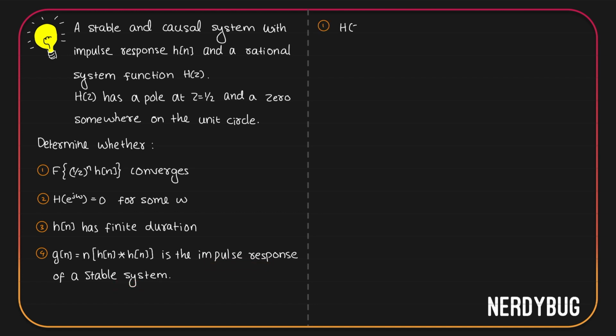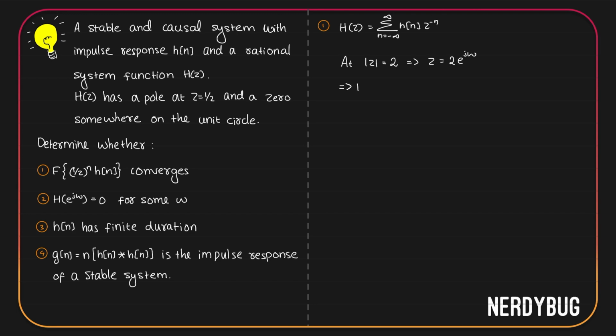We know H(z) is given as summation from n equals minus infinity to infinity of h(n) z raised to minus n. Now consider magnitude of z equal to 2. That means z is equal to 2 e raised to j omega.